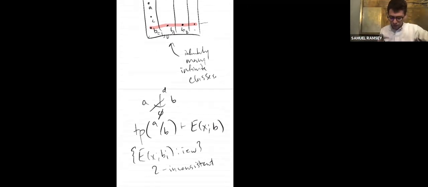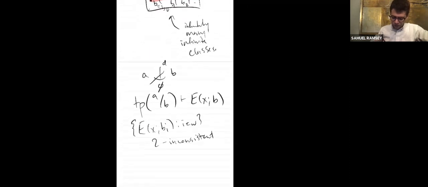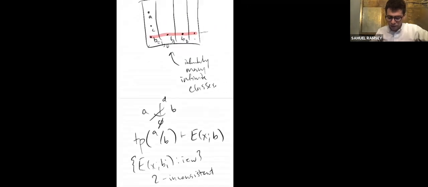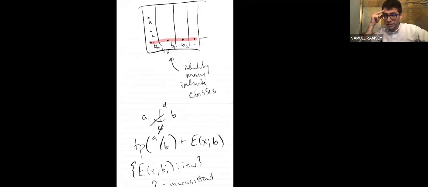But now let's think: are A and B independent over C? So the question now is, are A and B dividing independent over C? And the answer here is that they are.